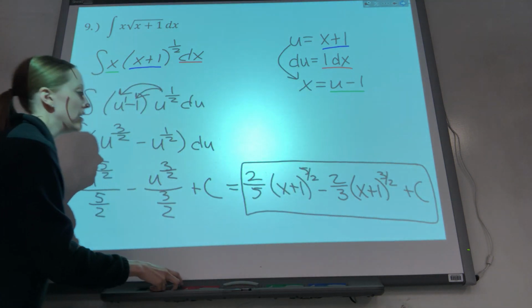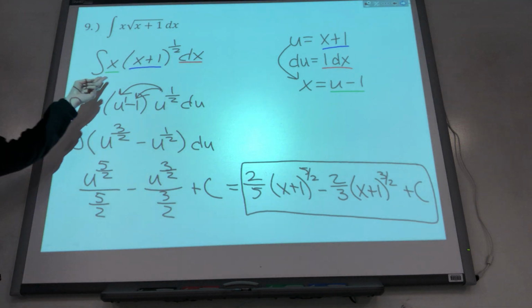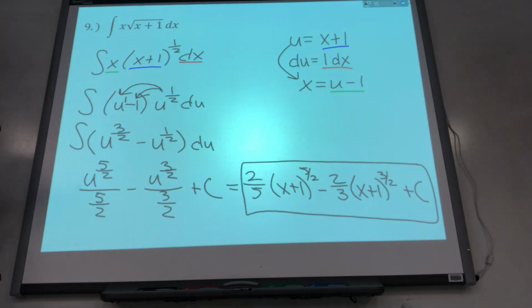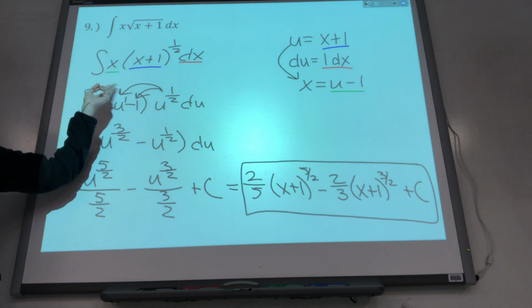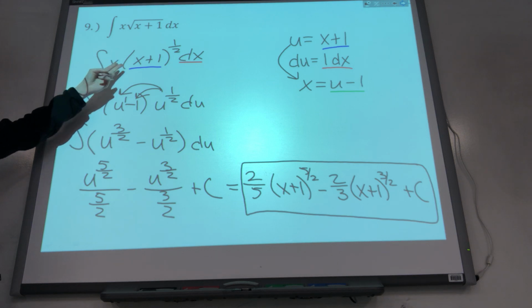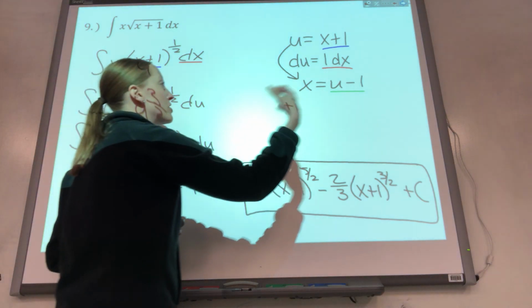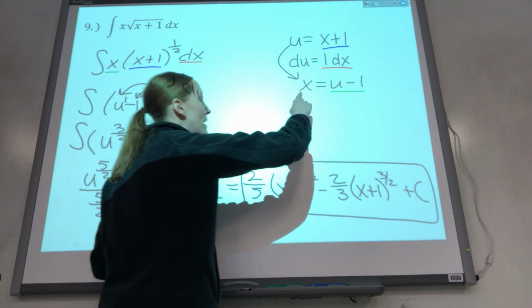That would be it. Again, if you do the u substitution and you have an extra x, or it might not just be x. Remember, I think sometimes we had something different, like maybe x squared or x minus 2, something like that. You could get that from this equation.